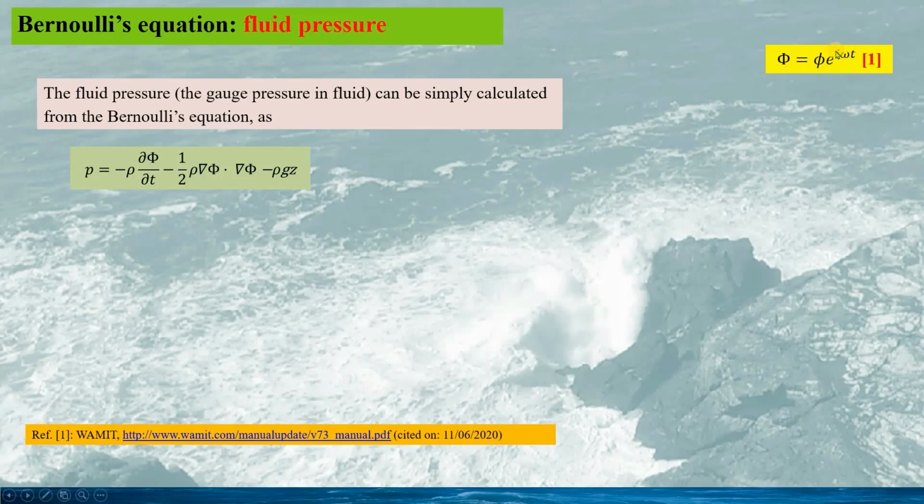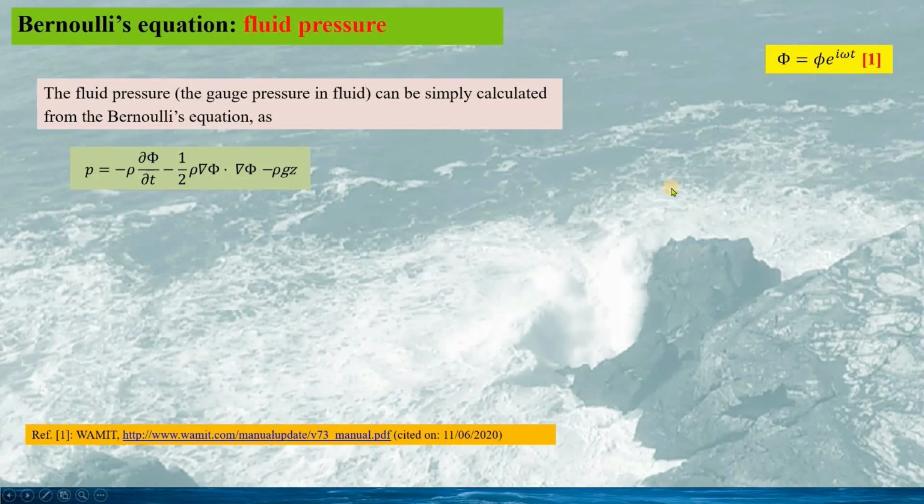Here, the time factor is now expressed as the exponent of i omega t instead of the minus i omega t I used before. This is following the reference given by WAMIT's manual.